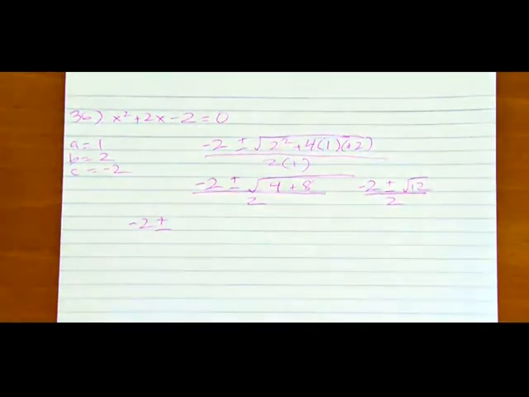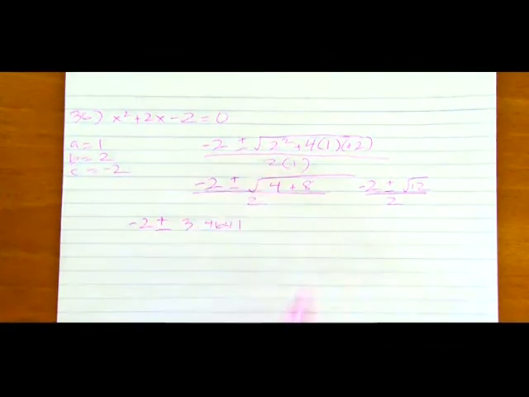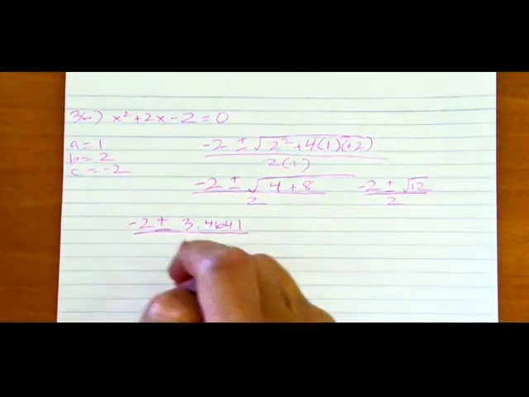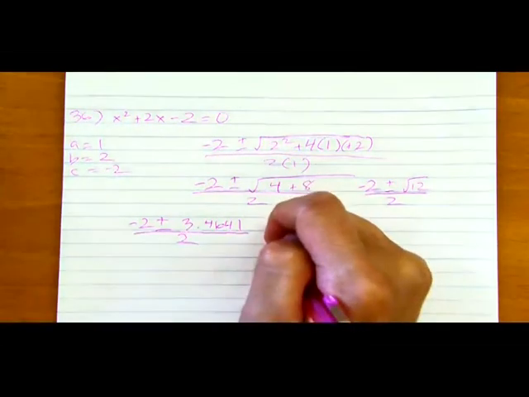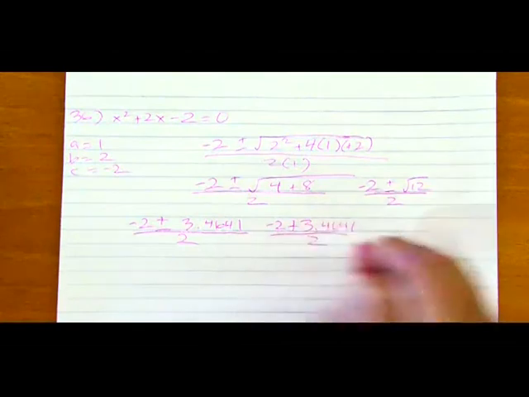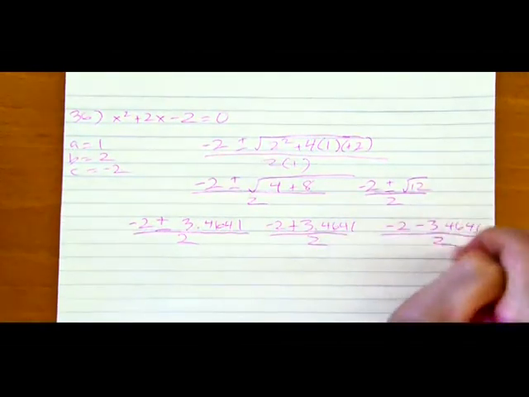The square root of 12 is 3.4641. I'll just go with that, and then we'll round after. Over 2. Okay, so we'll do them separately. Negative 2 plus 3.4641 over 2, and negative 2 minus 3.4641 over 2.